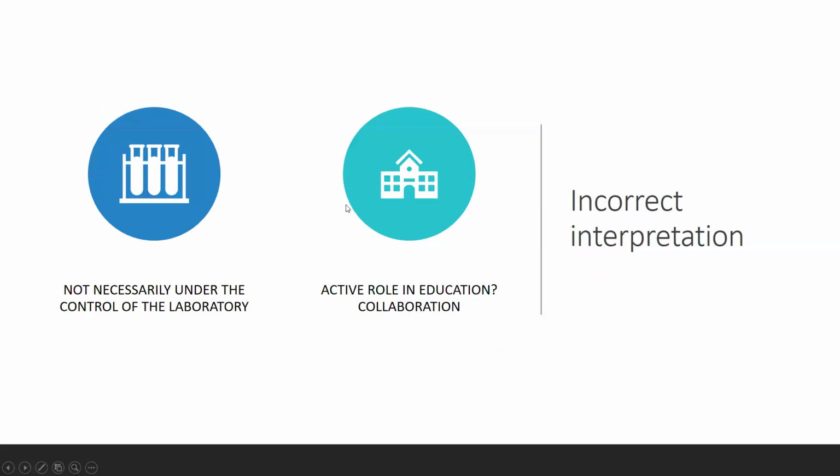Next up is just thinking a little bit about incorrect interpretation of results. As I mentioned at the beginning, once results are outside of the laboratory, the interpretation of them is generally outside of the laboratory's control. But because of that, it's important that labs still play a role in ensuring that results are understood and used correctly.